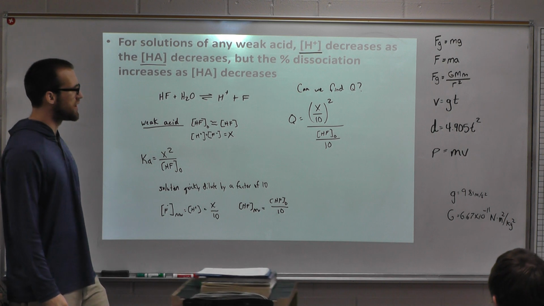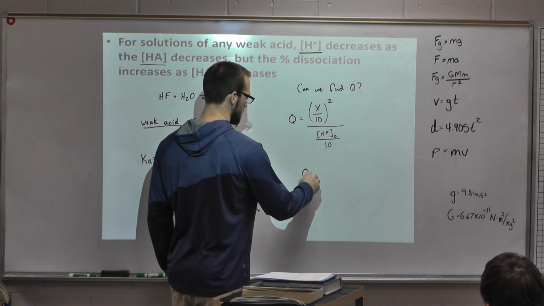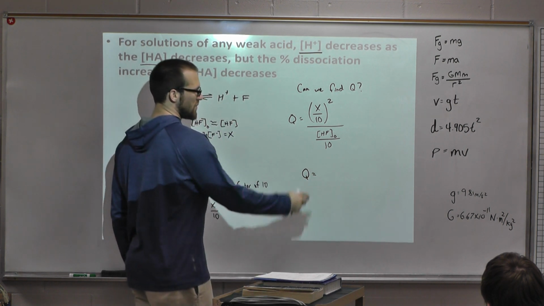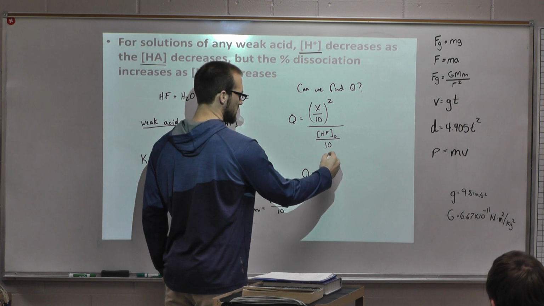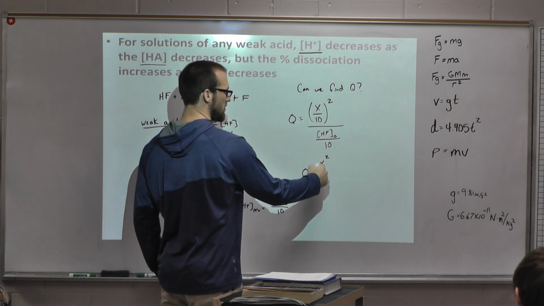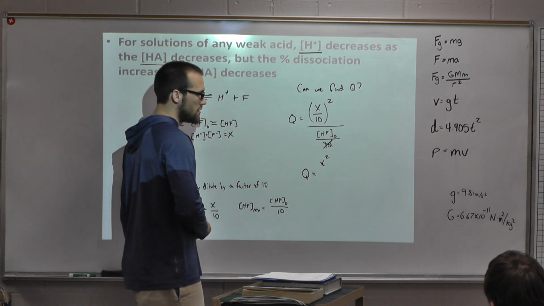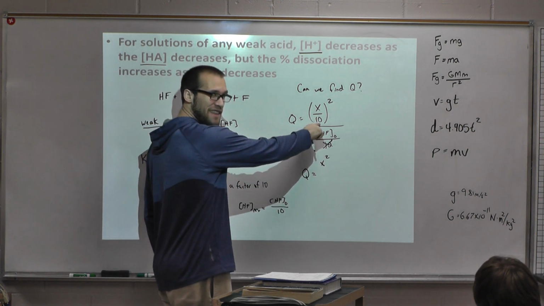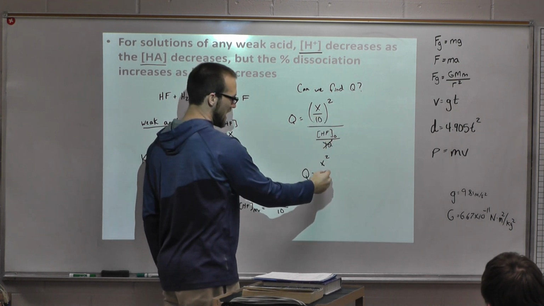But we can do some simplifying here. We can take these 10s out, right? So technically it would be x squared divided by 10. That would be gone, right? Because I'd only be able to get rid of one of the 10s. Does that make sense? Okay, and since it's really on bottom, I can actually put it down here.